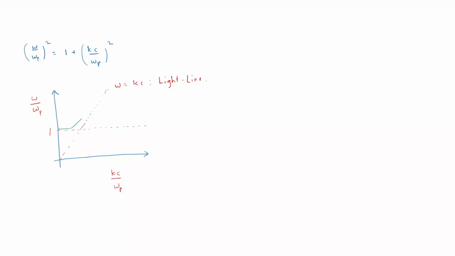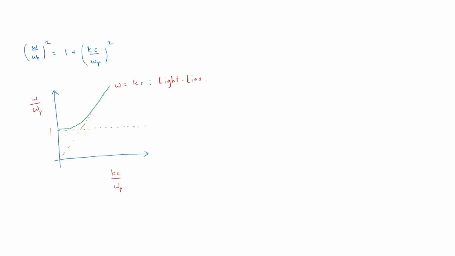So it will keep on increasing till it becomes tangential to this line. This is how this particular dispersion relation looks. It starts from 1 and it goes along the light line.